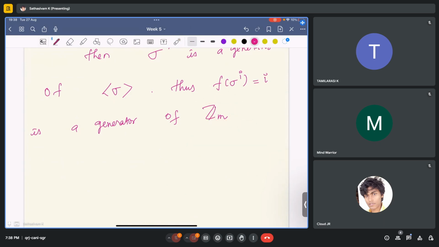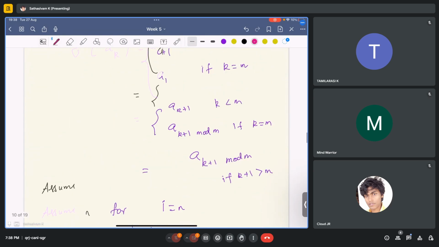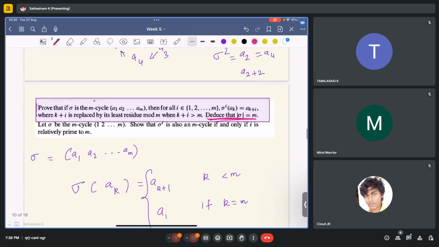Thus, since i is a generator in Zm, we can conclude that GCD of i and m is nothing but 1. That is the statement that we want to prove here. So it is an m-cycle if and only if i is relatively prime to m. Relatively prime means the GCD is 1.